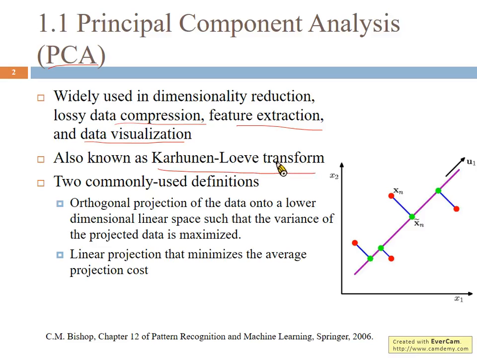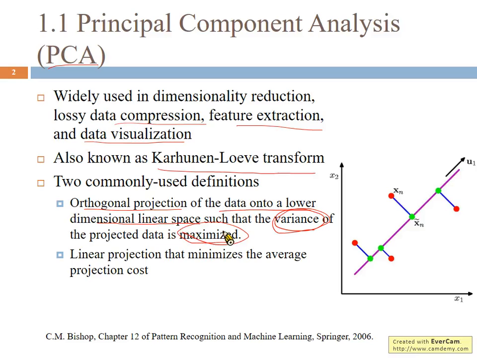KL transform. To derive the mathematical definition of PCA, we can view the goal of PCA from two different viewpoints. The first one is we want to find the orthogonal projection of the data onto a lower dimensional linear space such that the variance of the projected data is maximized.